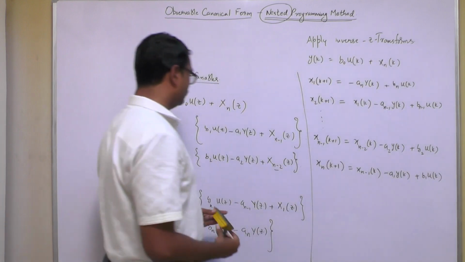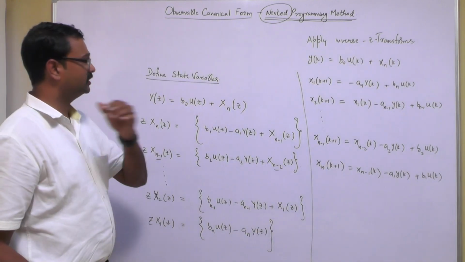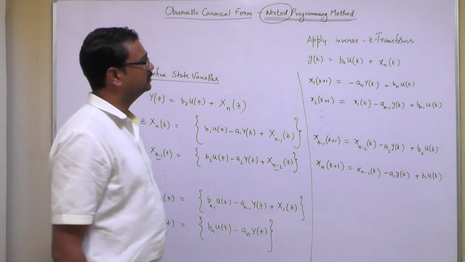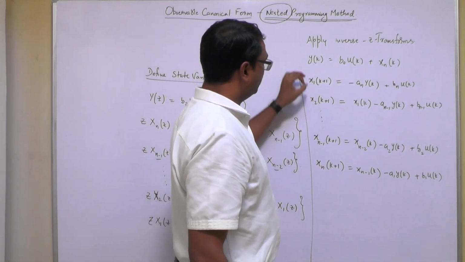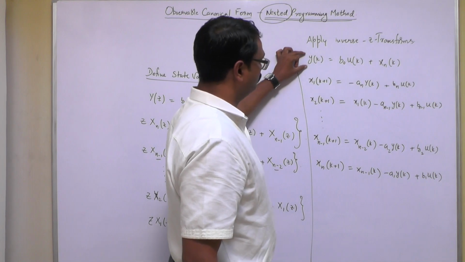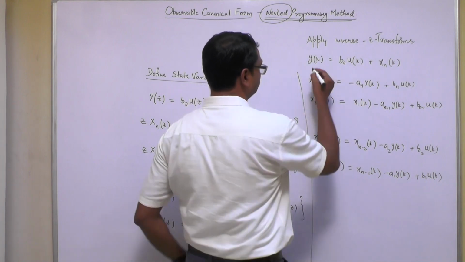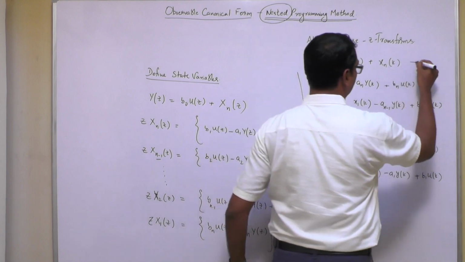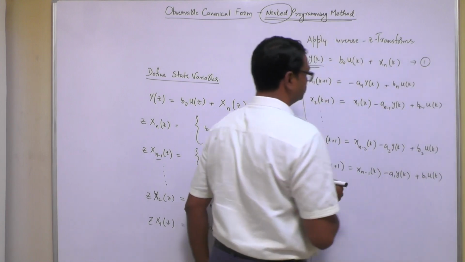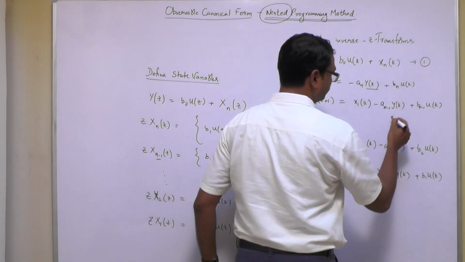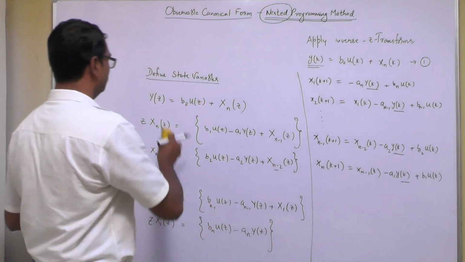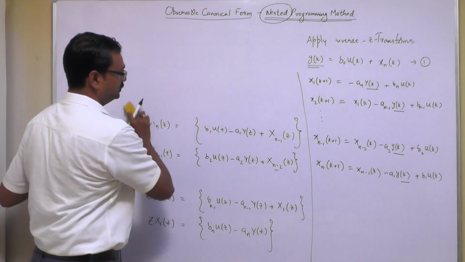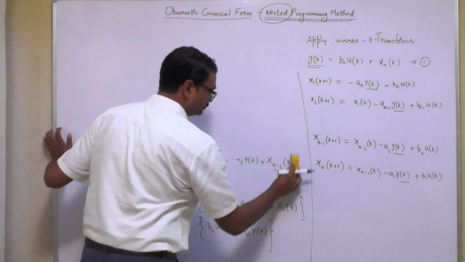Now we have all these equations in discrete time. When we substitute y(k), equation 1, into these, we get the final state equation that we are deriving.